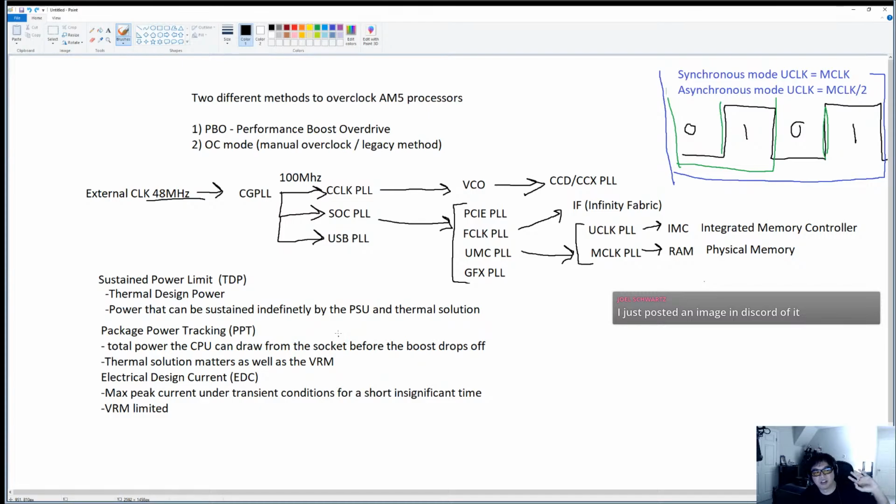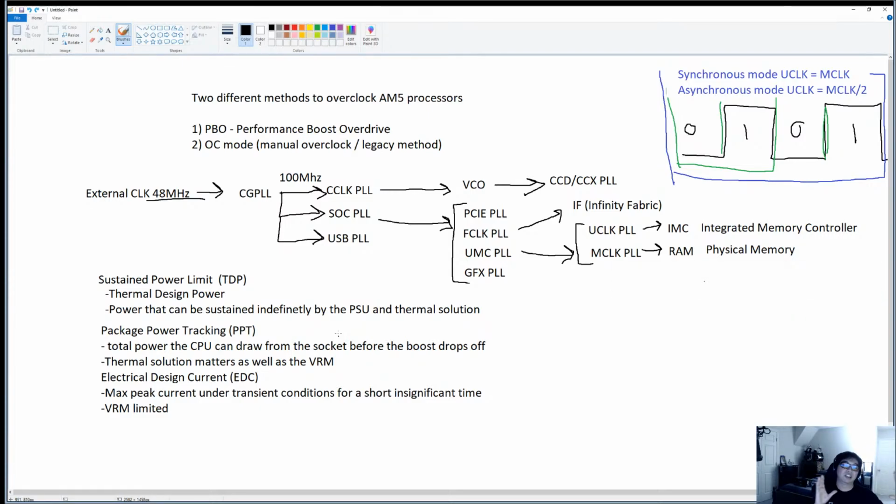It'll never draw that much current. They just basically max out the number, and at that point they limit it to what we have listed here. So it instantly makes it thermally limited, or current draw limited, or VRM limited. That's the reason why we're seeing 95C as a normal operating temperature on these processors.